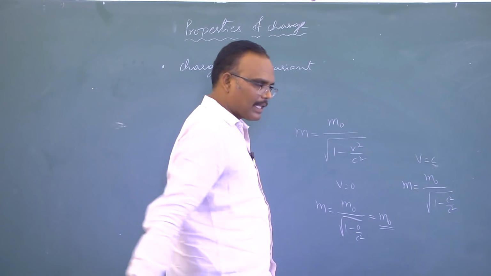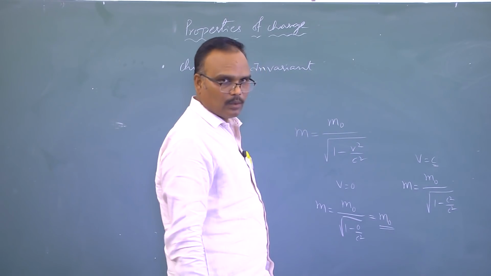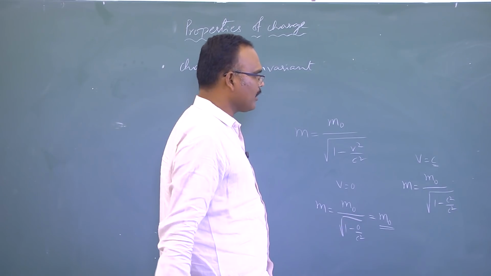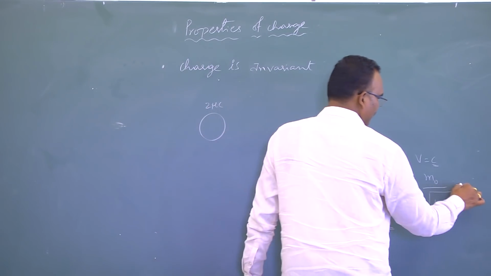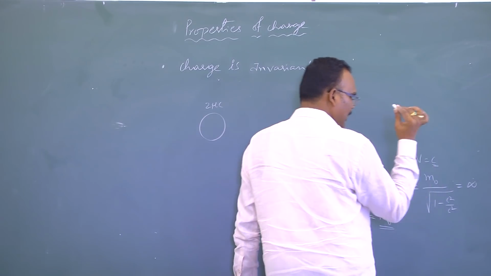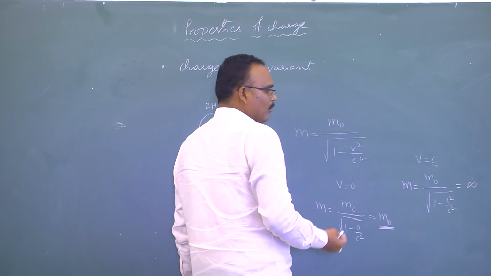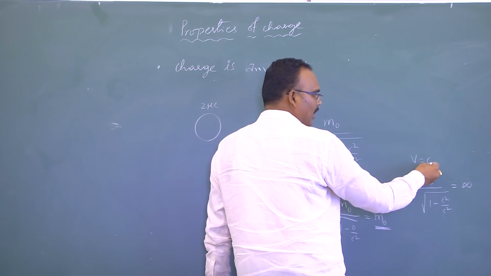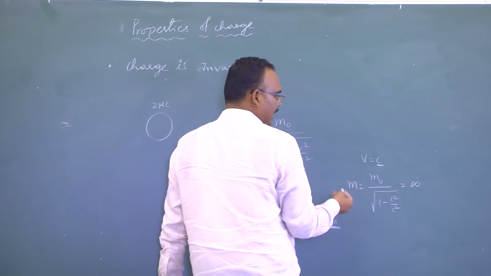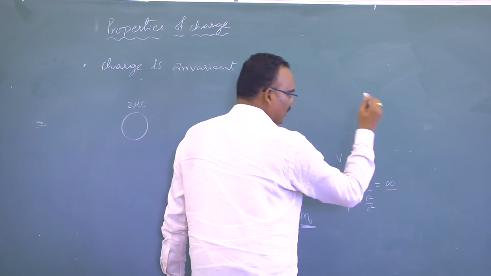C square cancels, you get 1, and 1 minus 1 is 0. So if you get 0 in the denominator, the whole value becomes infinity. m naught is the rest mass of the body when it is at rest, but when this body is moving with a velocity equal to the velocity of light, its mass becomes infinity.